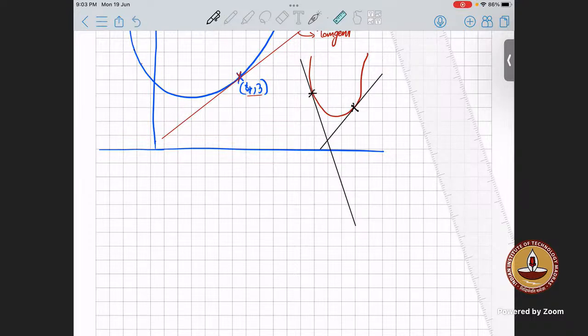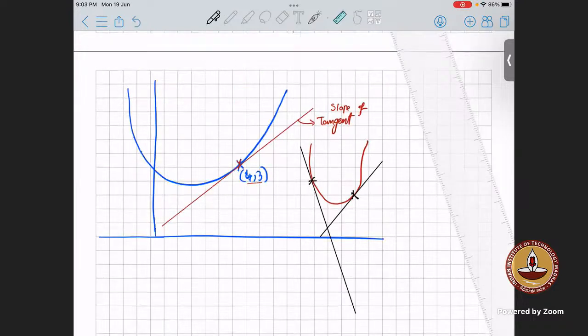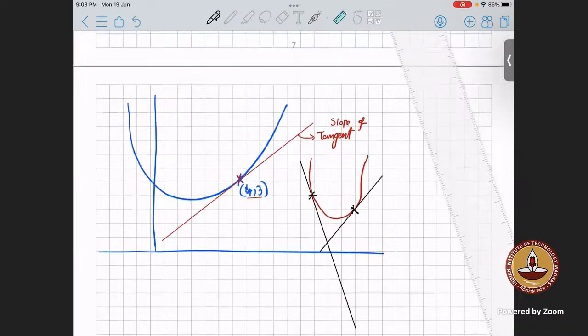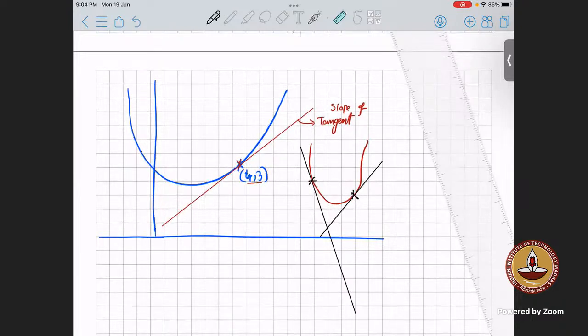Since 4, 3 is the point, you can find the slope of the tangent passing through the point.